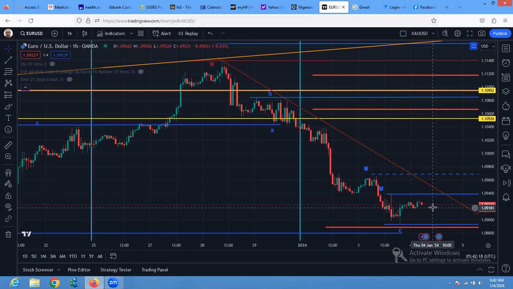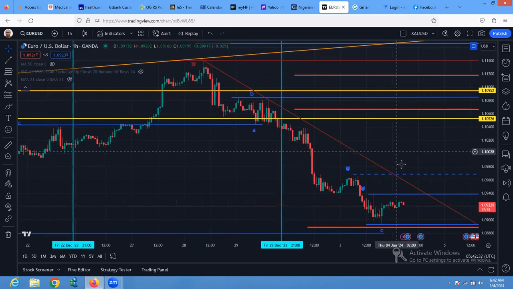We want to break even because if indeed it's going to be a B to the downside, price is going to come back and break to the downside. But if the price continues to go up, then you are in a good trade. So that's how to guide your account. Once it breaks the zone here, price is going to continue to go up, and you have nothing to lose.